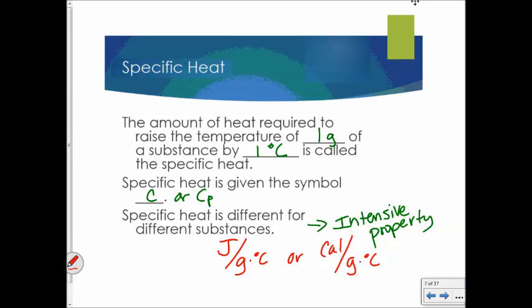Because we're raising a gram 1 degree, so that's the bottom part, and then we're talking about the heat, so it's got to have either joule or calorie on the top. So when we're talking about the unit for specific heat, we need joules per gram degree Celsius or calories per 1 gram times 1 degree Celsius. That's what that means on the bottom. Okay?